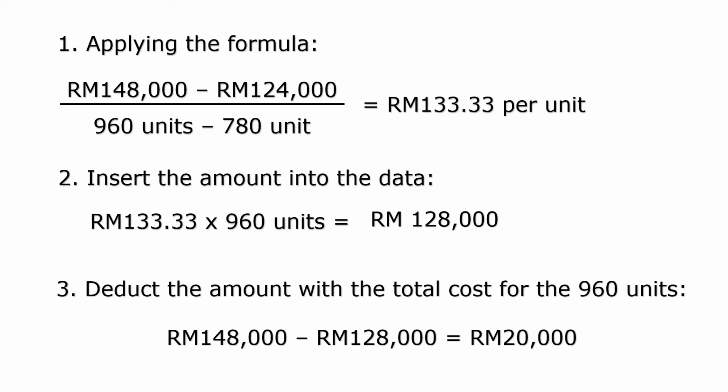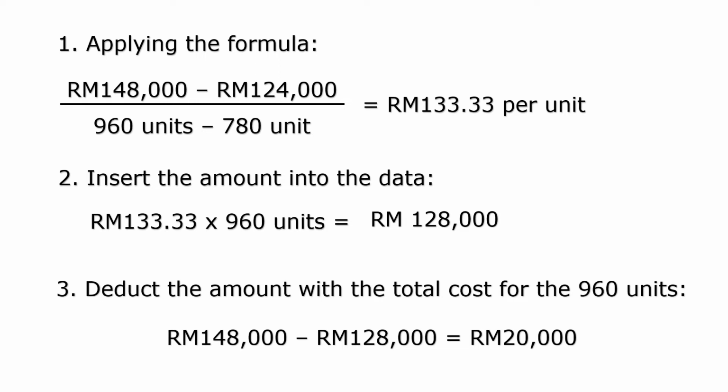For the next step, we need to determine the total fixed cost. Please take note, maybe some of you already know about this, but some might have forgotten the formula of total cost. Total cost is the addition of total variable cost with total fixed cost.